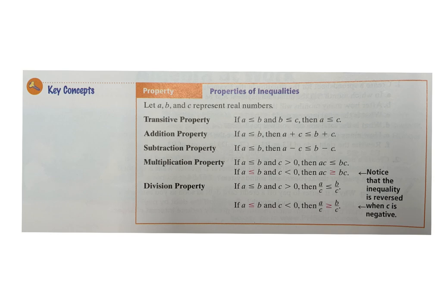It will flip the sign because you are changing the meaning of both sides when you multiply or divide by a negative. You're literally changing it to the opposite. And so anytime you multiply or divide by a negative, you'll notice this flips, right? So we go from less than or equal to greater than or equal to. Multiplication and division is the only thing that's different, and that is only when you multiply or divide by a negative.